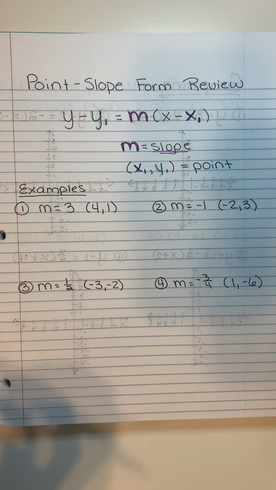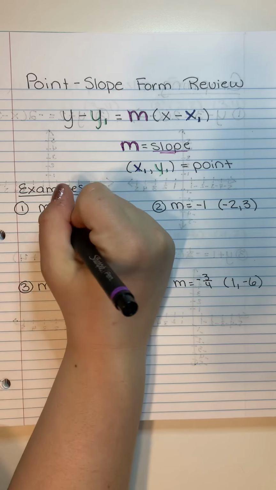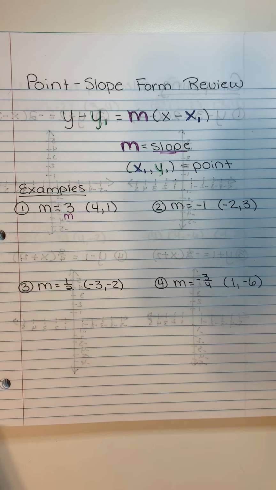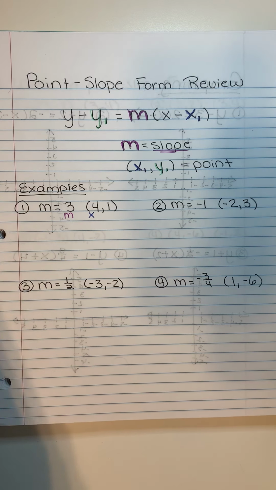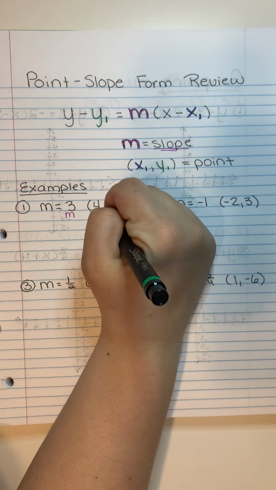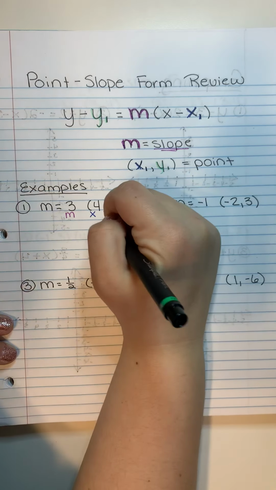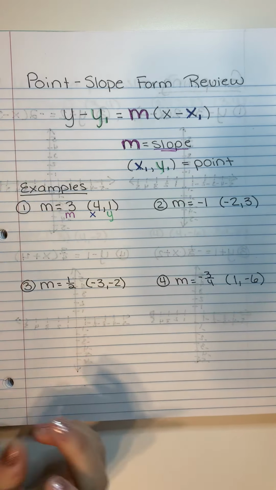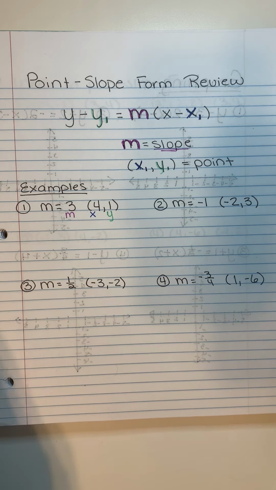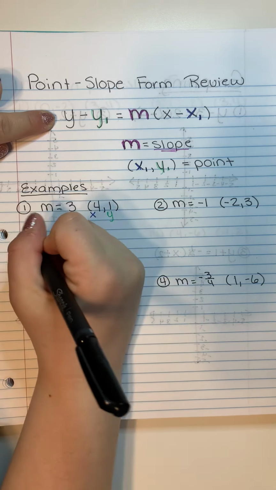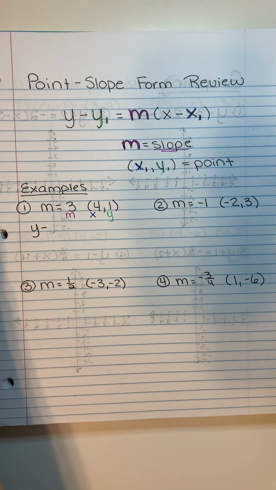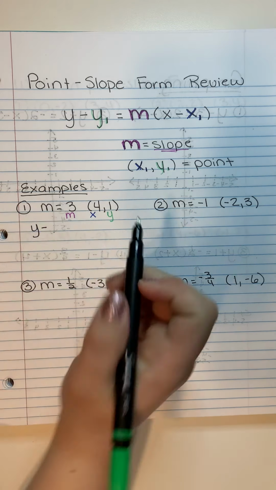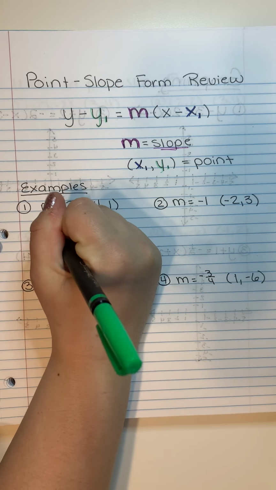When we're doing this, we know that m is 3, and then we know that our x is 4, and our y is 1. When we go to write this, we start with y minus. Our y is 1, so I'm going to put a 1.